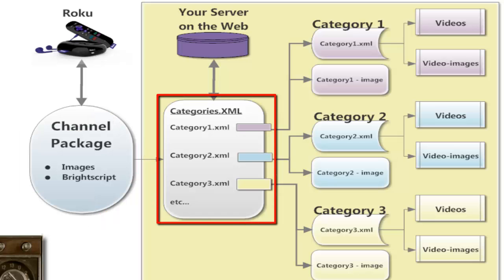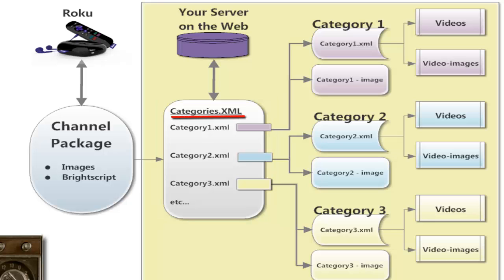If you're familiar with website programming, then the categories XML file is like the index file on a website. It's basically the main page or the first go-to file. So when you click on your main channel image, the BrightScript is programmed with the URL address of the categories XML file, which is being stored on your web hosting account.